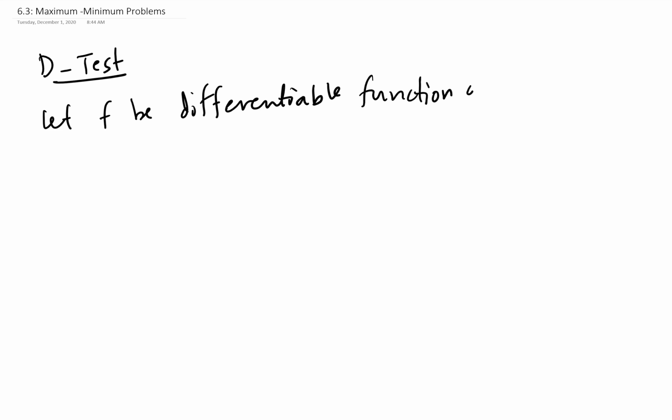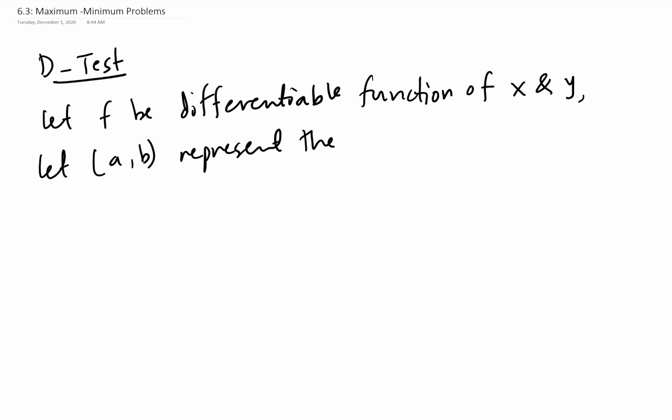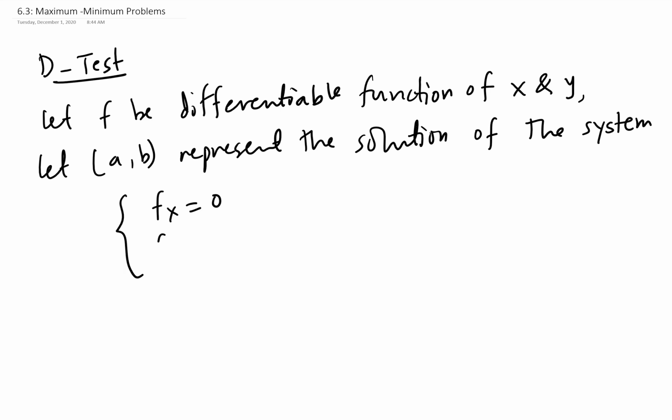So the D-test says, let f be a differentiable function of x and y, and let (a, b) represent the solution of the system of equations f sub x equals 0, f sub y equals 0.